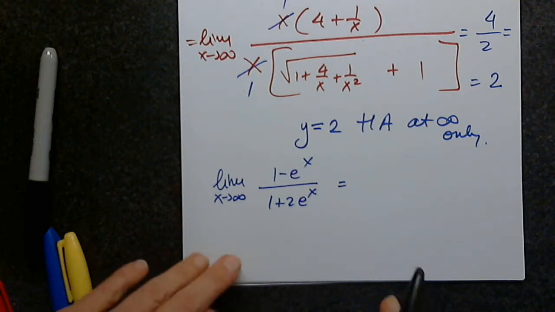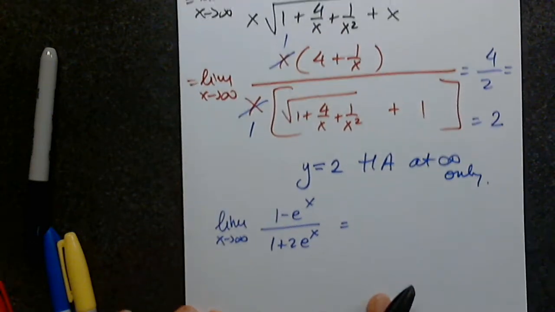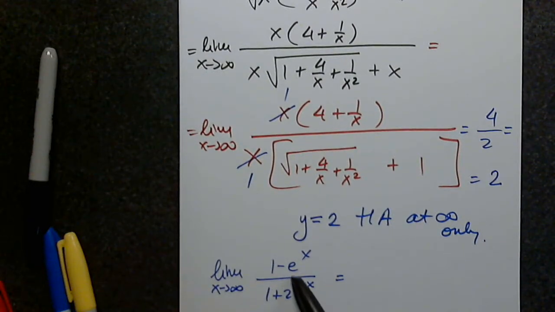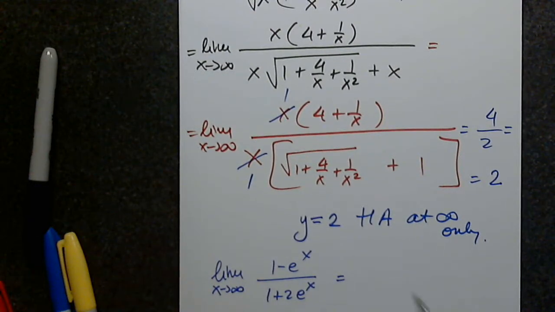Plug it in. So e to the infinity, good. So the top is negative infinity and the bottom is infinity. Good. So it still doesn't matter. The sign doesn't matter. Infinity over infinity is still what type of case? Indeterminate case. Very good.